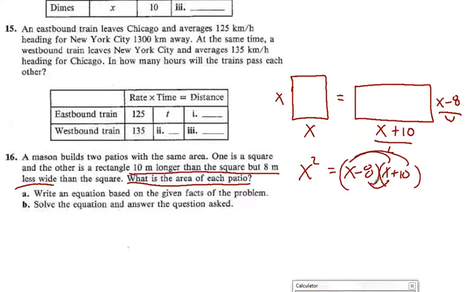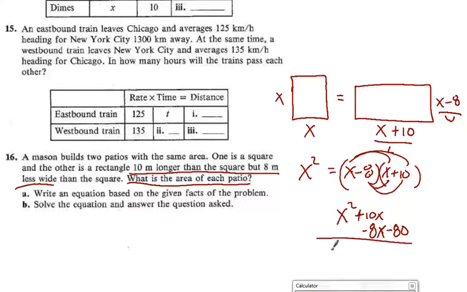And I will distribute, rainbow smiley faces or FOIL, depending on which way you like to talk about it. X times x is x squared. X times 10 is positive 10x. Negative 8 times x is negative 8x. Negative 8 times 10 is negative 80.